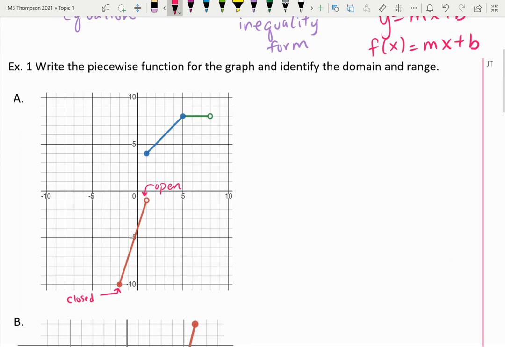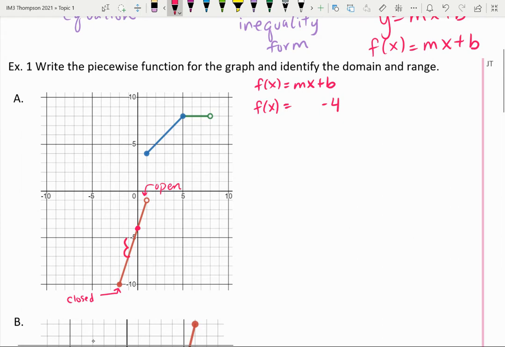And I'm going to write the equation of this line. To write the equation of the line, I need the y-intercept and the slope. Well, the y-intercept right here is just at -4. And the slope, I'm just going to count the rise over the run between any 2 points.